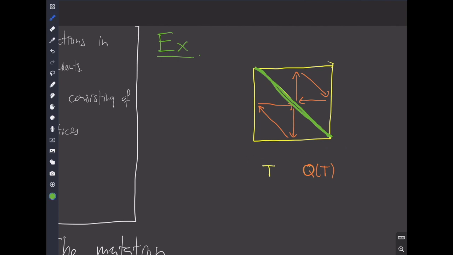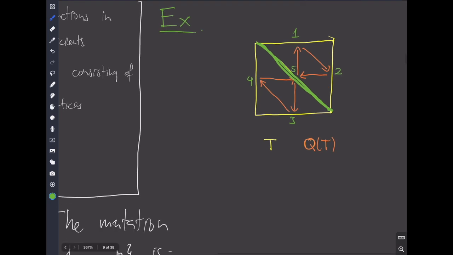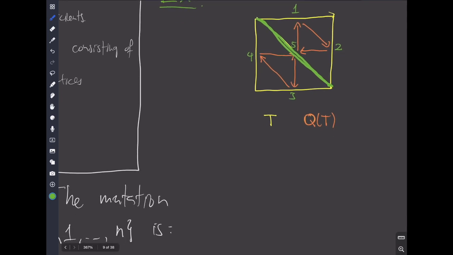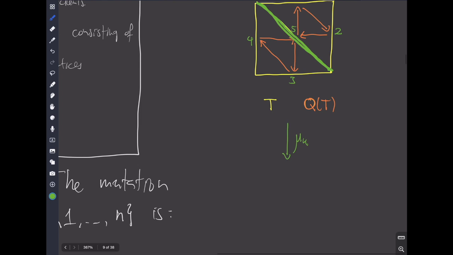So let me say 1, 2, 3, 4, 5, let's say. And then the mutation in direction 5, mu 5, it replaces the quiver by, well, I already know what quiver it replaces it with.